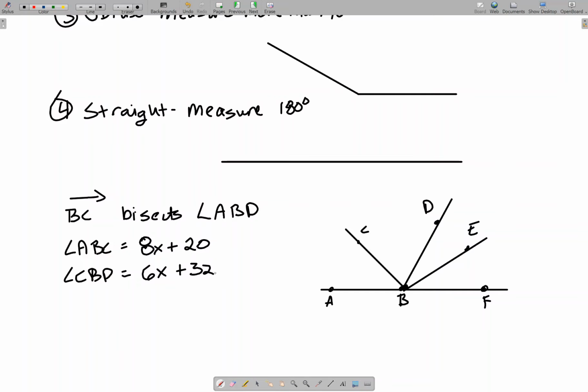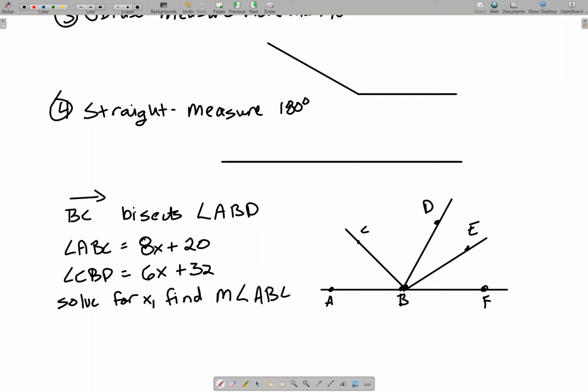We want to solve for x first. So solve for x. And then we want to use that to find the measure of a specific angle. So find the measure, this means measure how many degrees, of angle, let's say, ABC.